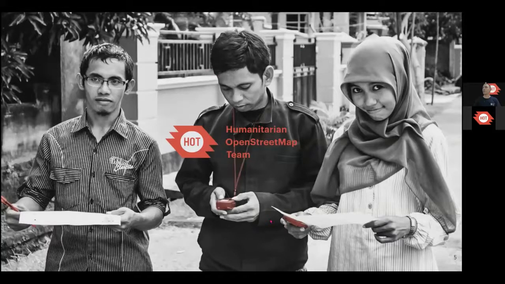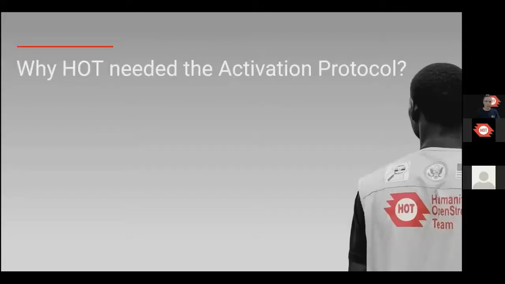From the beginning of OpenStreetMap, there were disaster events happening, and people were going into OpenStreetMap to map the area of impact, in what I would call the ad hoc phase of disaster response.